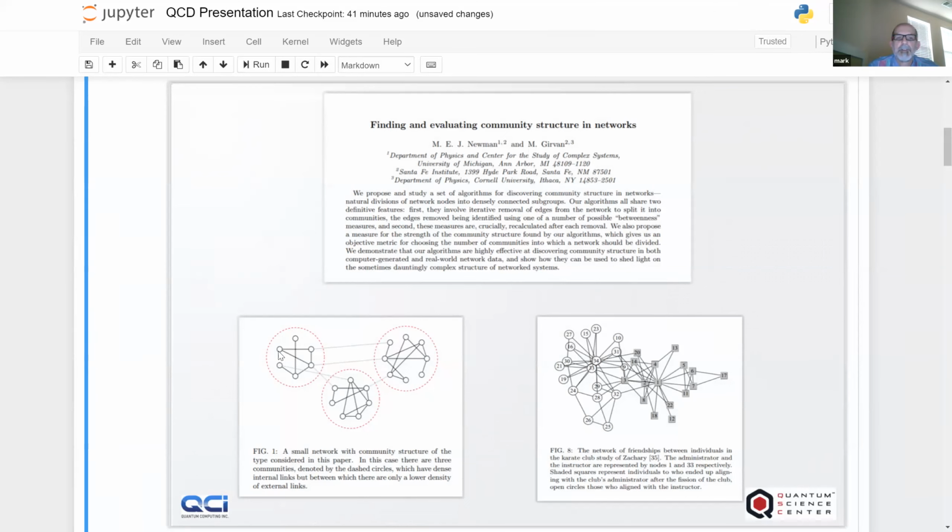Here's a simple schematic where you have a bunch of nodes in a graph that are connected by edges. You want to identify the communities, the nodes that are densely connected, and the connections across communities should be much less dense. A standard example that's used and presented in this paper is called a karate club network, which is 34 members of a karate club and their associations.